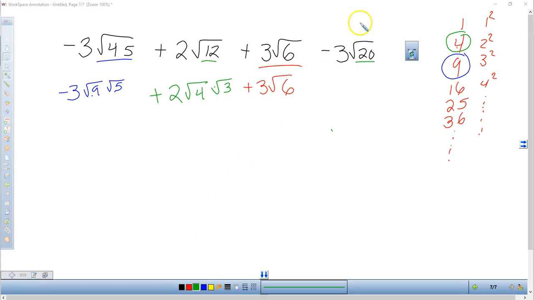Okay, switch back to green again so I can work with this radical. 20, as we said before, can be root 4. So I've got negative 3, I've got a root 4, and 20 divided by 4 is the number 5. Now I'm going to go through. Square root of 9 we know is the number 3. Go ahead and do my green. We know square root of 4 is 2.